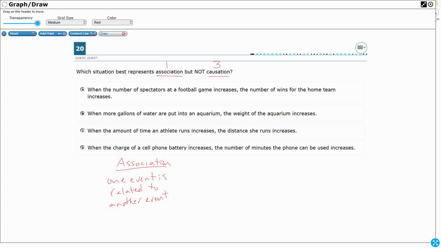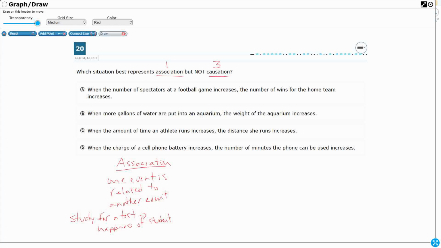So if we think about the amount of time that students might study for a test, and we think, well, that might be associated with the happiness of the student. So the more you study, the more happiness you will feel.